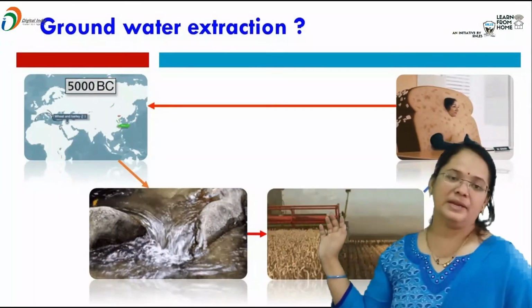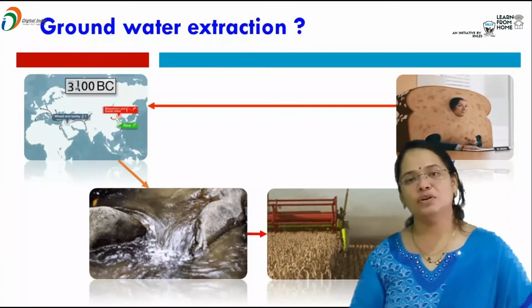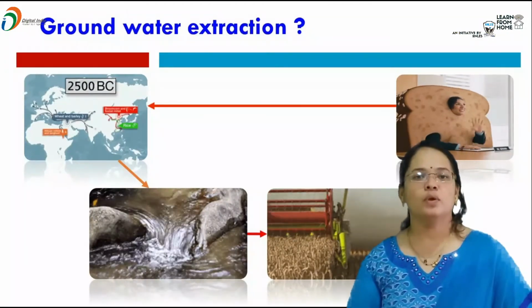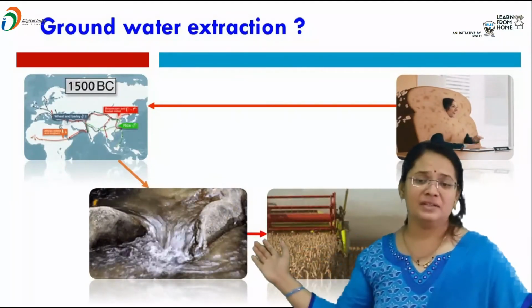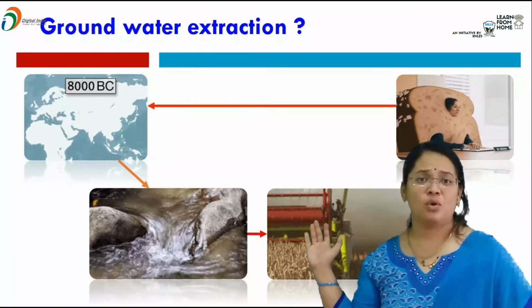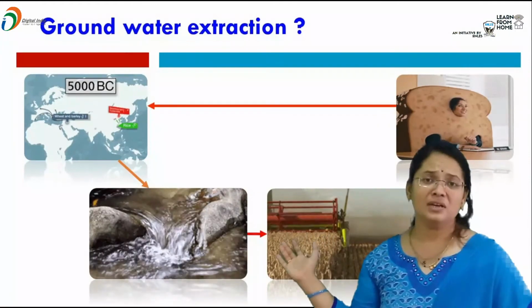Yes or no? And hence we can say that groundwater is extracted many times by human beings in the world, and it is utilized for crop production and many other activities.